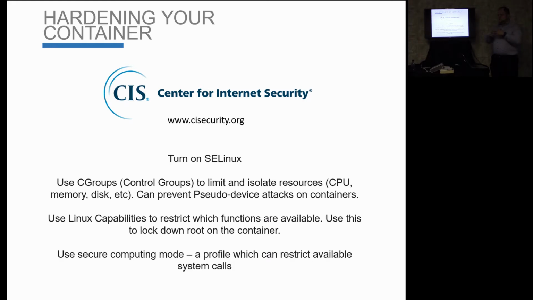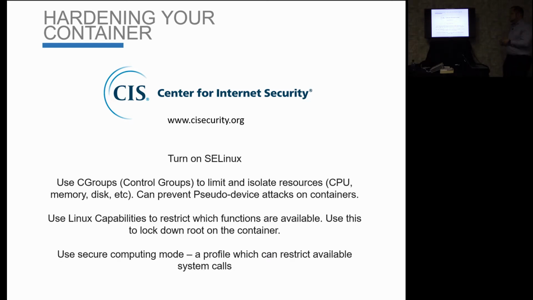It will then increase the separation of those containers, so that if you do have a malicious container inside your cluster, it cannot attack other containers. On some platforms that is actually possible, where you can actually read other containers' memory. So that's something that you need to think about.